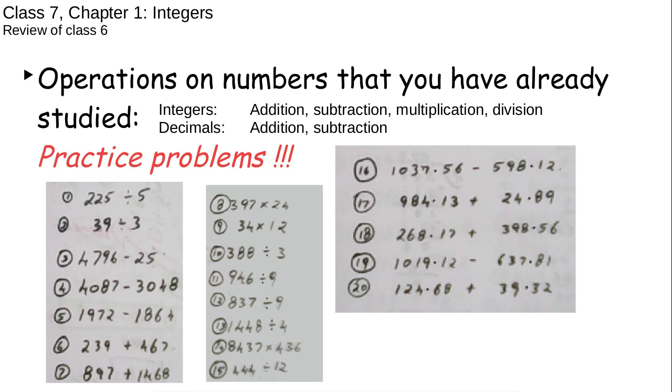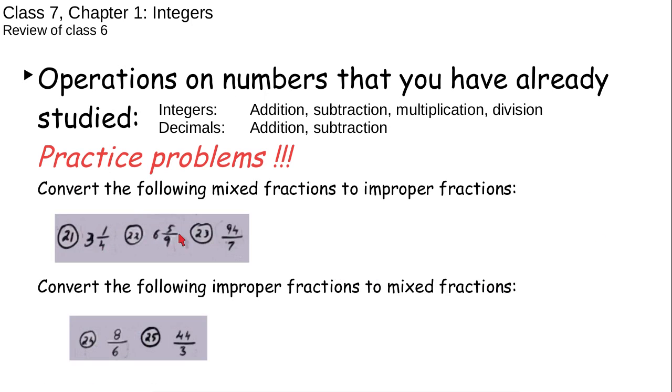It will be a good idea for you to try practicing some of the operations that you have already studied. These are some operations with integer numbers. These are operations with decimals. And here we have some problems that involve fractions.